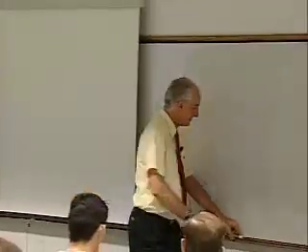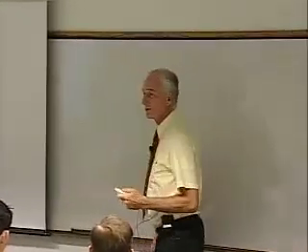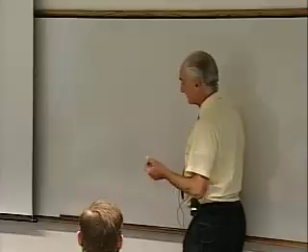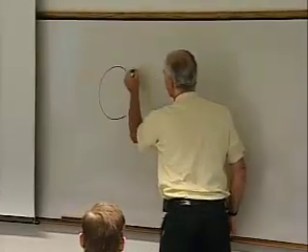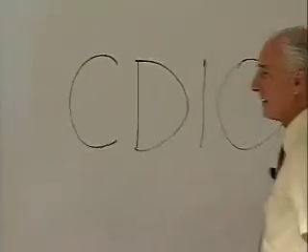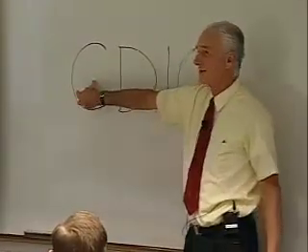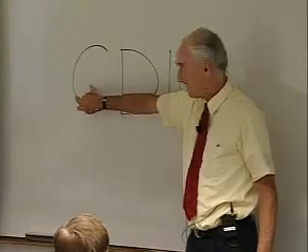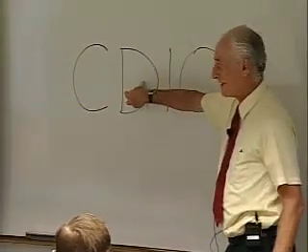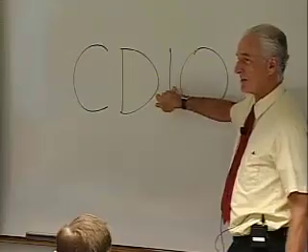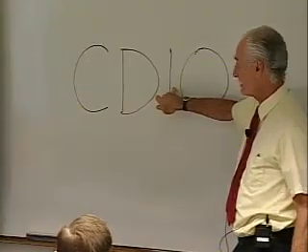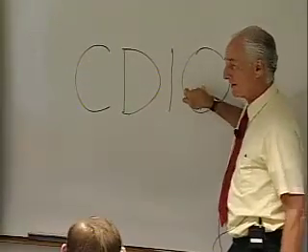Those of you from AeroAstro have certainly been familiar with our approach to systems engineering, which we call CDIO. Someone from AeroAstro can tell me: the C is conceive, design, implement, which actually means manufacture and test, and operate.